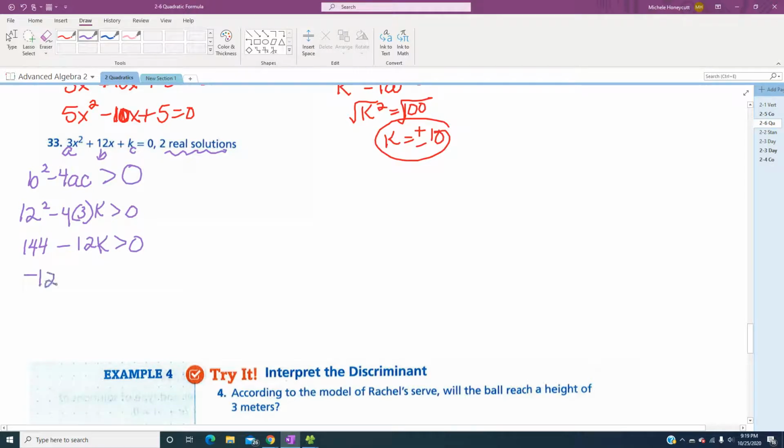Negative 12k would have to be greater than negative 144. And then if I divide both sides by negative 12, anytime you divide by a negative in an inequality, you've got to switch the inequality. So k would have to be less than positive 12. So any number less than 12 for that constant will give me two real solutions.